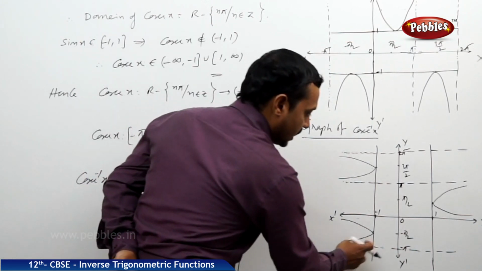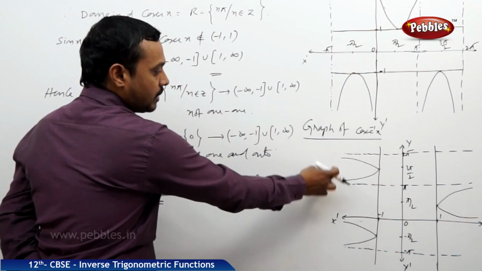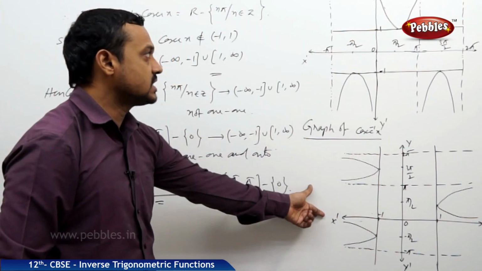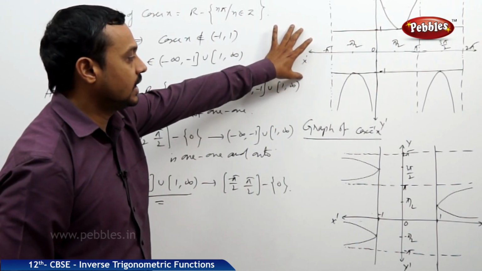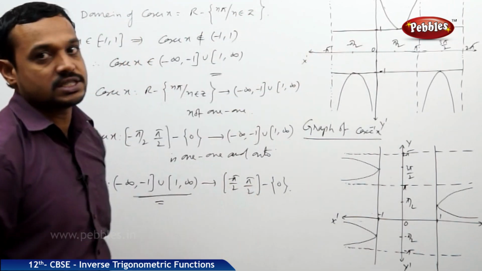Similarly, in the interval minus pi to 0 we also get the same type of curve. So the graph of cosecant inverse x is like this, and this is the graph of cosecant x.